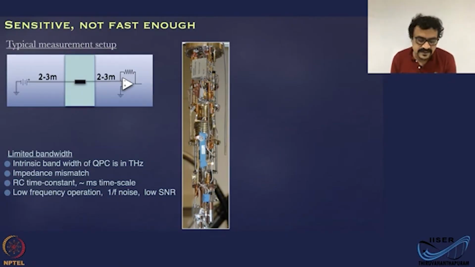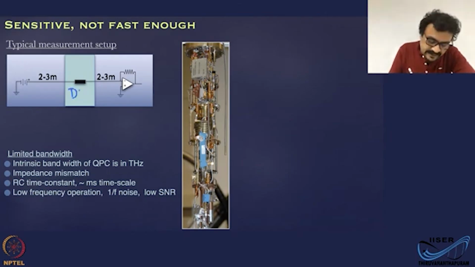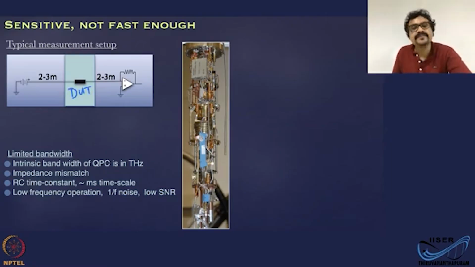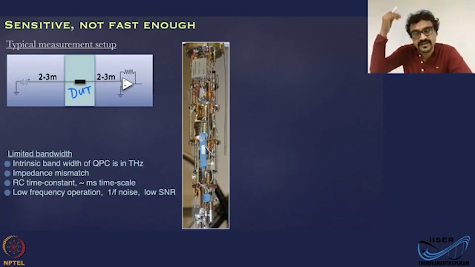So let us look at a typical measurement setup. You have the device under test somewhere here, which is connected to the room temperature electronics through thin, long wires with a lot of filtering, because you need a lot of filtering arrangements to reduce the noise which is propagating from room temperature into the device.